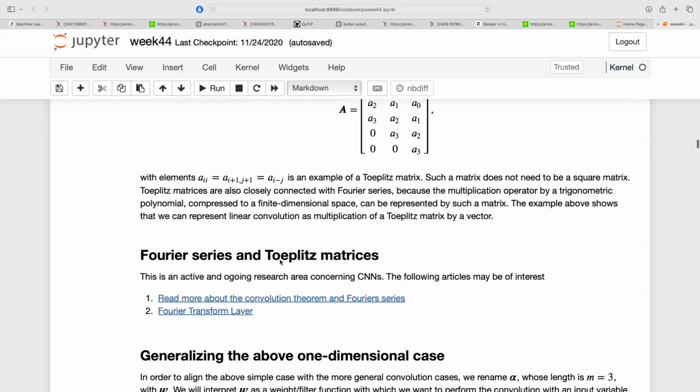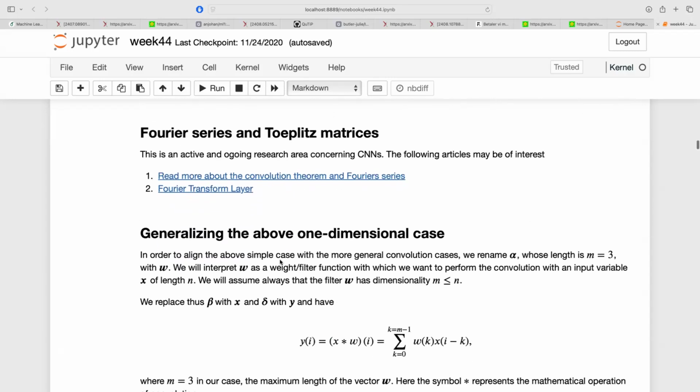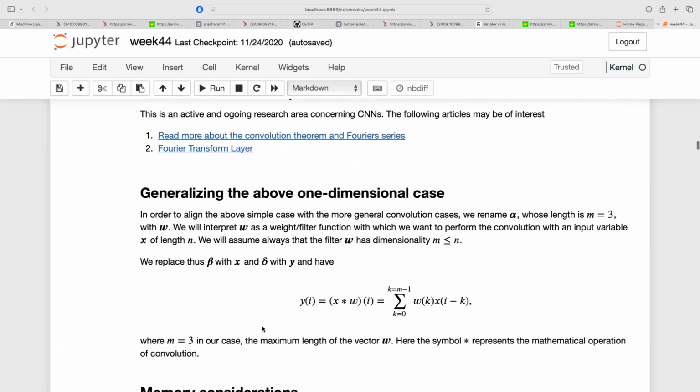But let's continue a little bit with this simple example here. Before I switch to the whiteboard, I'm going to replace these polynomial parameters beta and alpha with x and y's, and the parameter which I previously called delta is now going to simply be the y here.